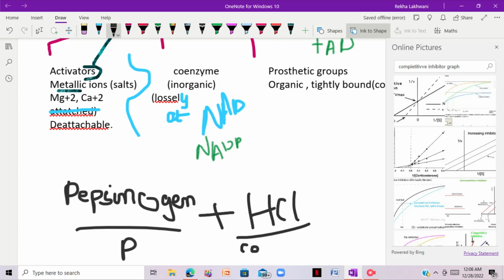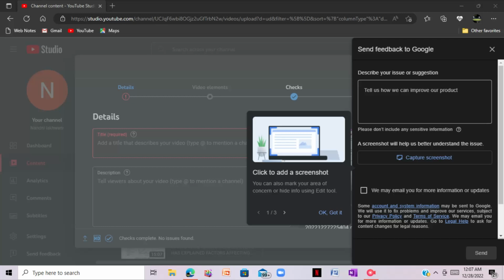So when pepsinogen combines with HCl, it forms pepsin, which is a holoenzyme.